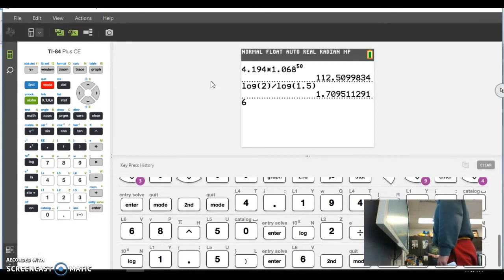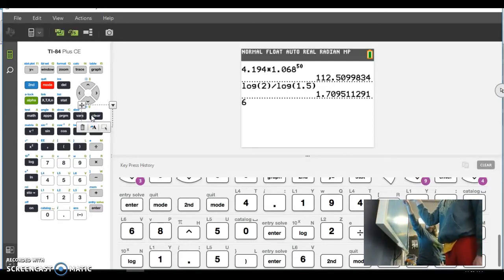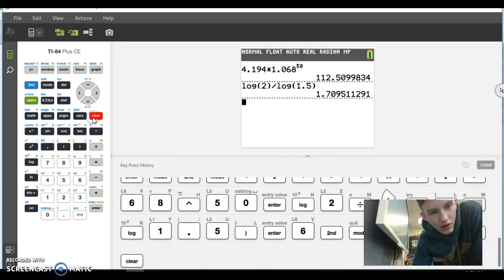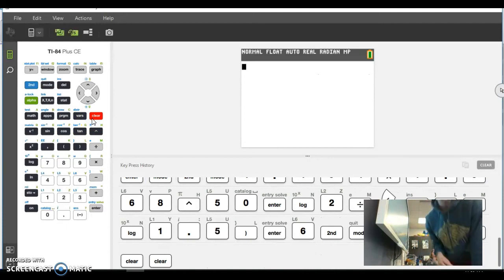The whole thing? Just push clear. Remember I told you, you have to hit the clear button. There you go. Okay, sorry about that.